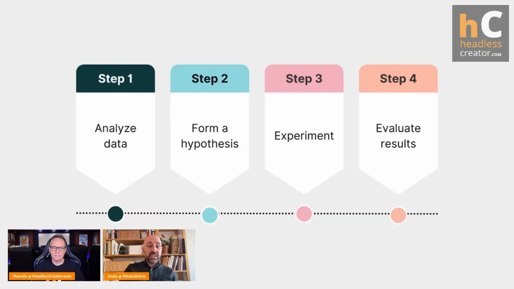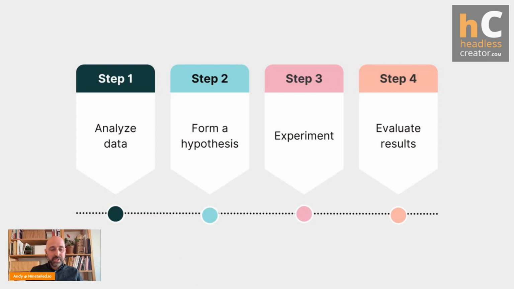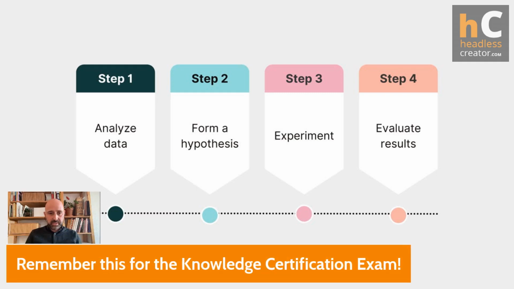Yeah, that's really the factor, and we will see it in step three of the process. But it's really the sample size. If we start out with how to do A/B testing, the first step is really to analyze your data, and based on this analysis, you will form a hypothesis.